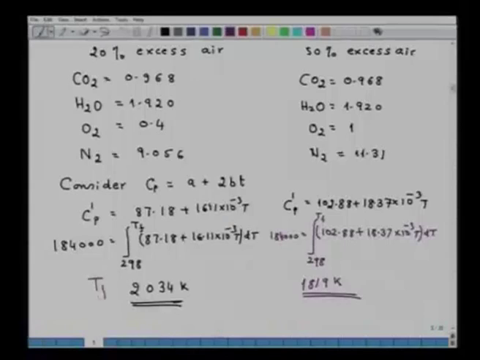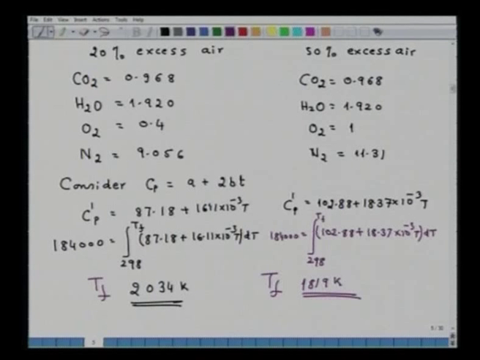However, you can take Cp equal to A plus 2Bt plus C by T square and recalculate the value of the flame temperature, and the flame temperature values will be somewhat lower than what we have calculated. So, what I wanted to illustrate is that an increase in excess air decreases the flame temperature.